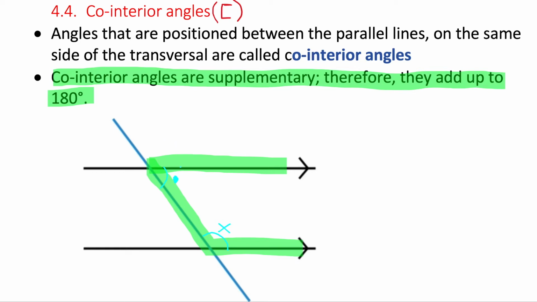Notice that I'm not using the same symbol. This one is a dot and this one is an X. And the reason why I'm not using the same symbol is because they don't measure the same. They are supplementary and they're going to add up to 180 degrees. So in your notes, where am I? Here. So your dot plus your X has to be equal to 180 degrees, okay? Because they are supplementary. Wonderful.